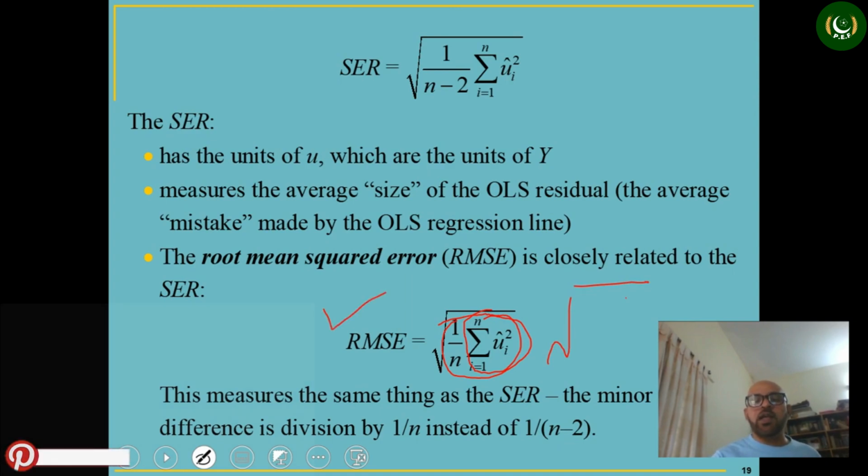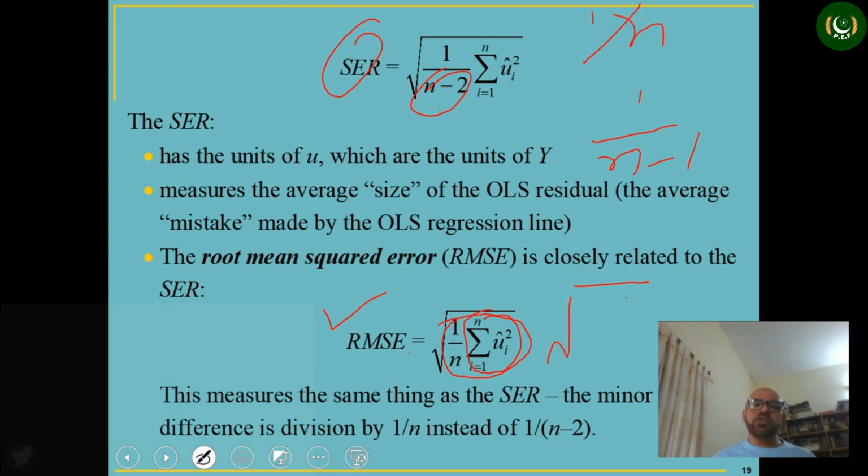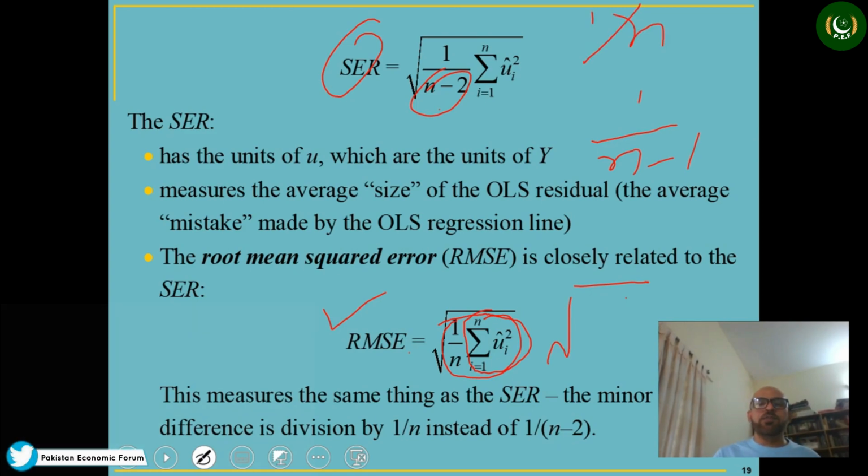This is the root mean square error. The difference between the root mean square error and the standard error is the degrees of freedom. If n is small, 1 over n minus 2 and 1 over n will be different. But if n is very large, there will not be much difference, so the standard error of the regression and the root mean square error will be very close to each other.